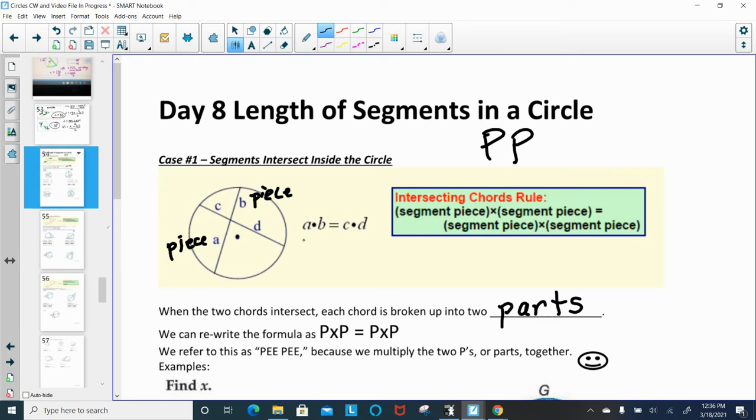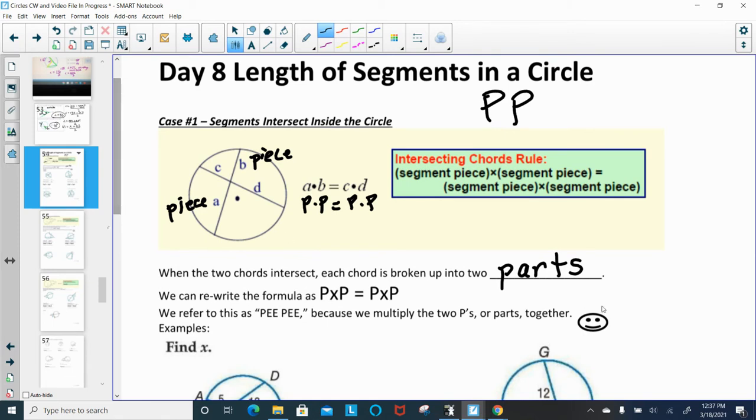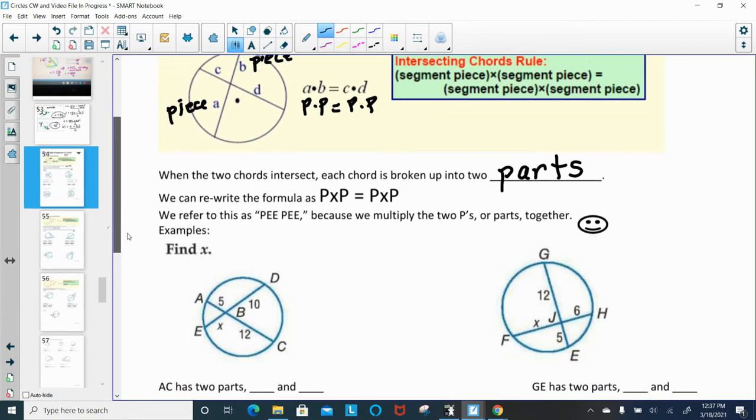And the reason is because we have a part or a piece times another one equals another part times another part. So we refer to this as PP because we multiplied the two P's or the parts together. And I put a little smiley face there because everybody thinks this is silly. But it really is an easier way to remember the formula.